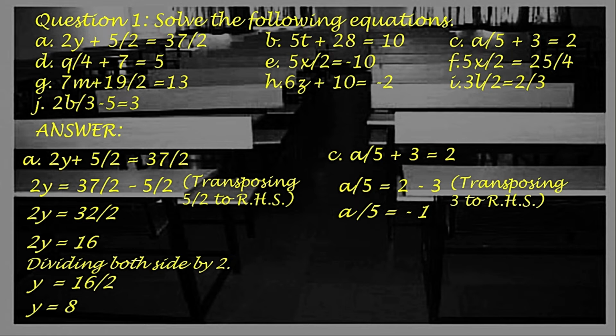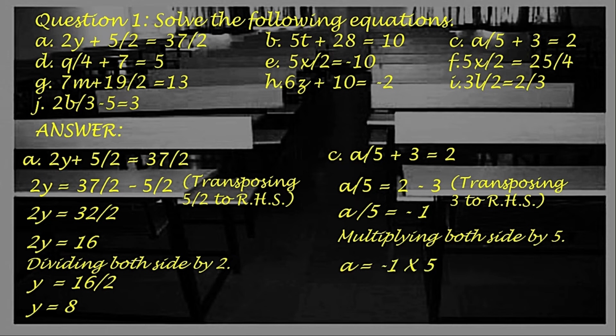So we multiply both sides by 5. What is the constant number here? 5. That's why we multiply both sides with 5. So we get a equals minus 1 multiplied by 5, so we get a equals minus 5.